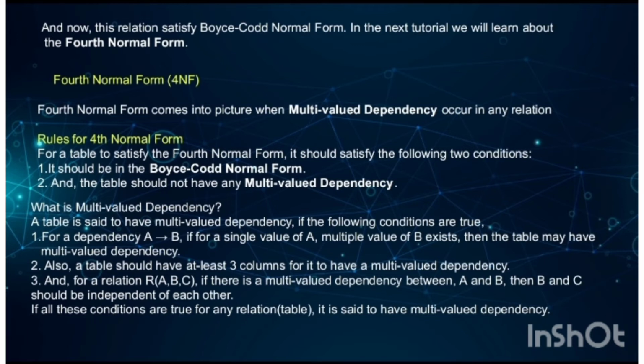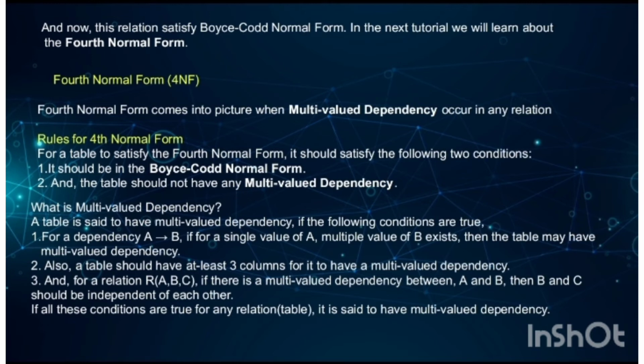So what is a multivalued dependency? A table is said to have multivalued dependency if the following conditions are true. First, for a dependency A derives B, if for a single value of A, multiple values of B exist, then the table may have multivalued dependency.